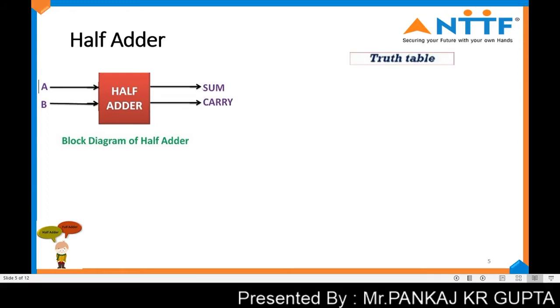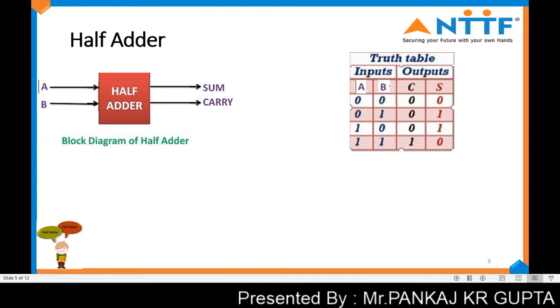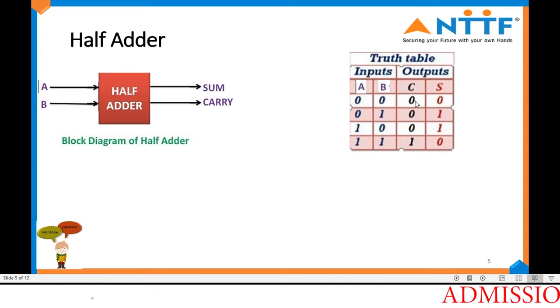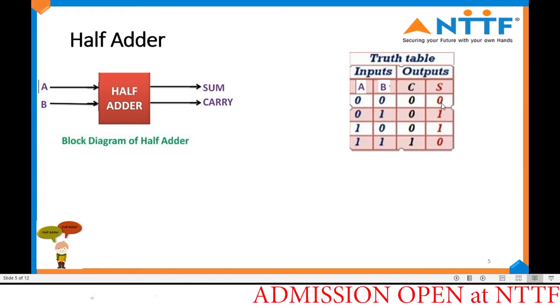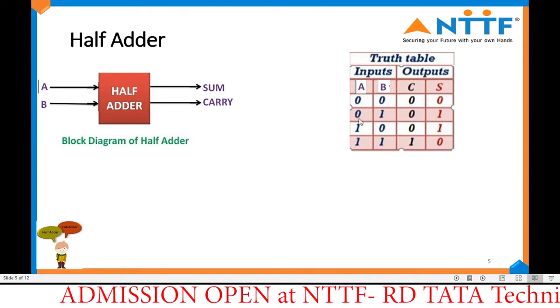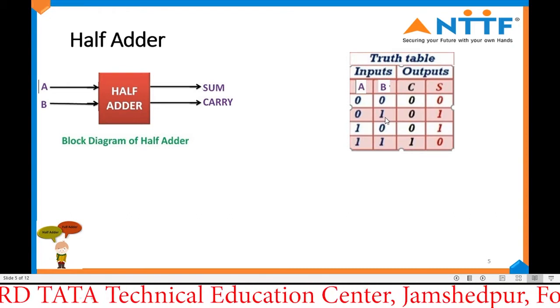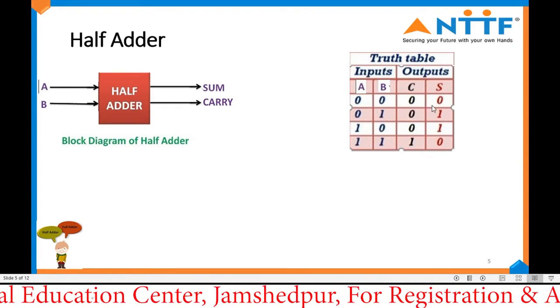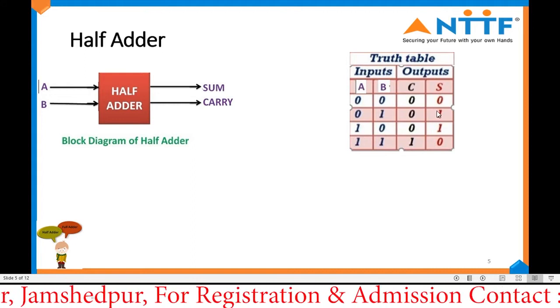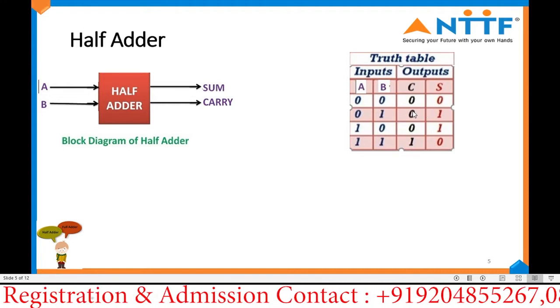The truth table of the half adder is: if both inputs are low, that is 0 and 0, then the output of sum and carry will be low. Now, if A is low and B is high, then the output of sum will be high and carry will be low.